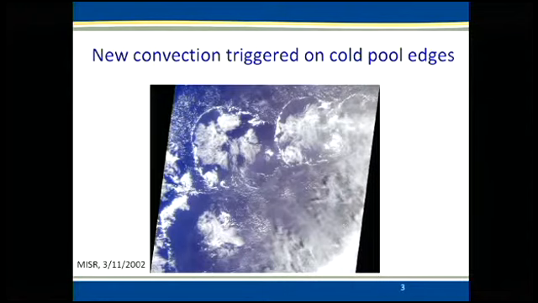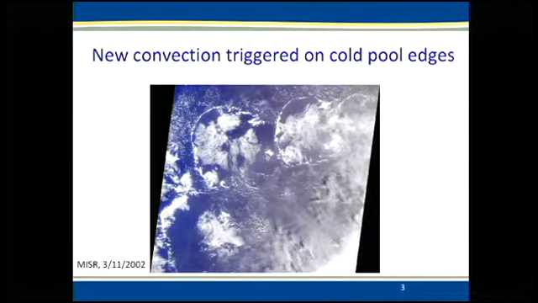Deep convection rises up and then spreads out in an anvil cloud, and that takes time to dissipate. But another thing that happens is you get a rain shaft. Some of that rain evaporates near the bottom, and then slumps down and spreads out into a cold pool. And what you can see here in these rings of incipient convection is marking the edge of the cold pool, and there's new convection being triggered on the edge.